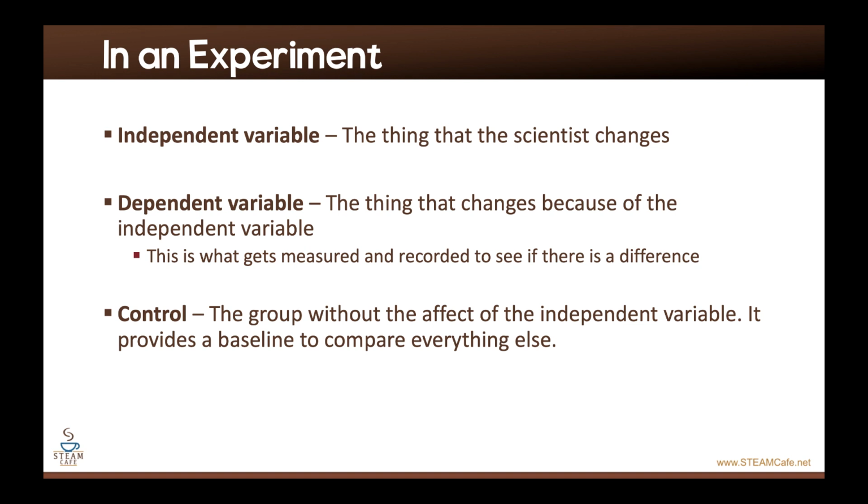Now, an independent variable, the way I think of it, is the thing that the scientists change. And I'm saying scientists because I highly encourage you to call your students scientists, to call them mathematicians, to call them artists. In other words, you should be calling them by what they're doing because it positions them as the expert in whatever that is.